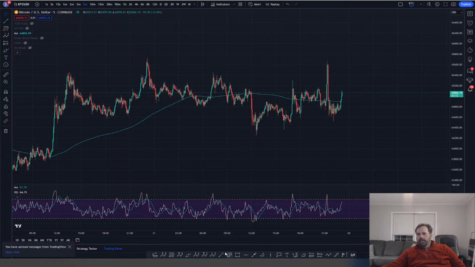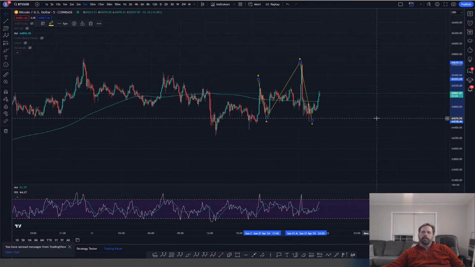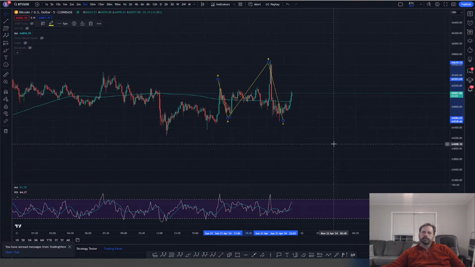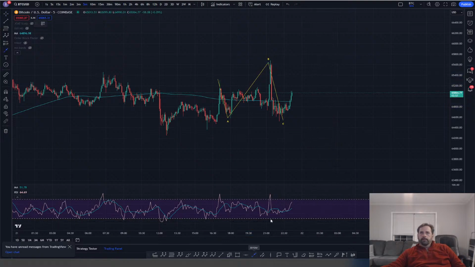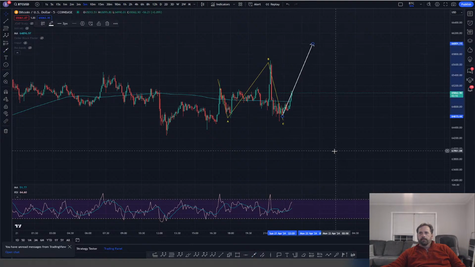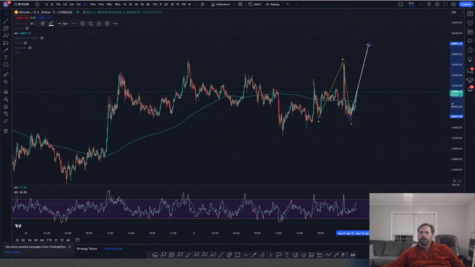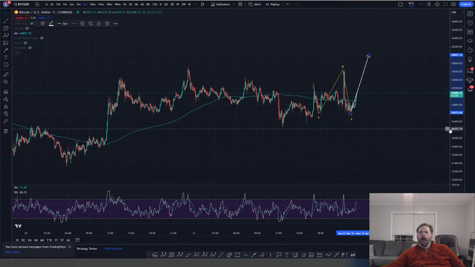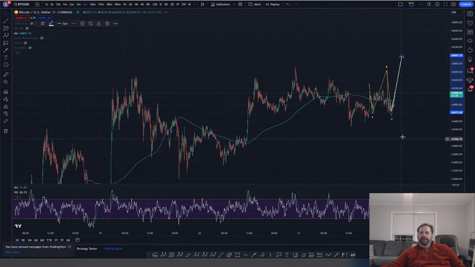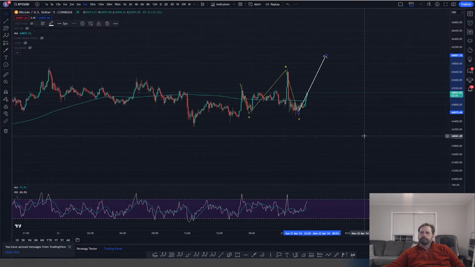So yeah, this looks like a potential 3-wave move right there, which would point to the upside for another wave. Maybe so.